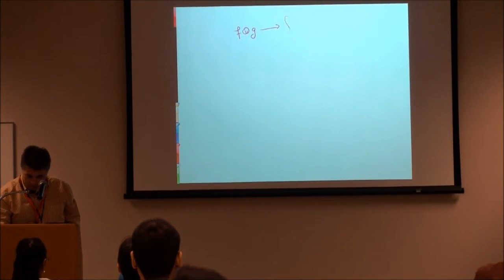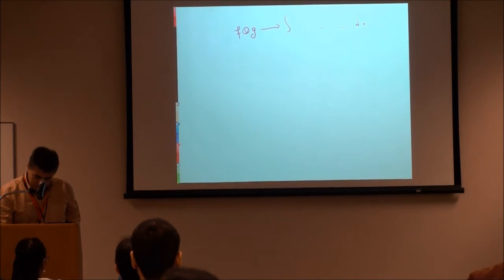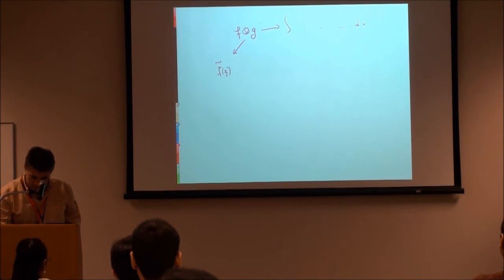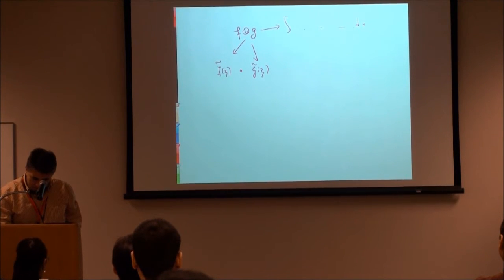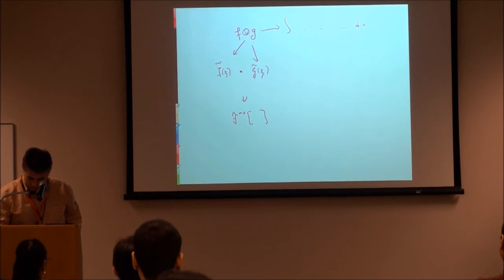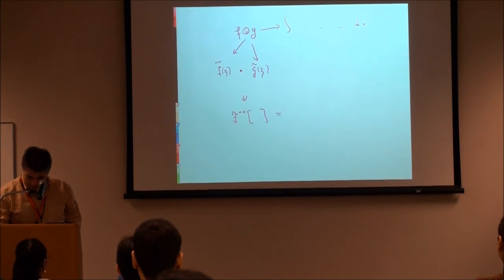One way is to do the integral. I don't like it. Another way is to do the Fourier transform f tilde of psi, the Fourier transform of g, g tilde of psi, and multiply. And then take the inverse Fourier transform of that. That gives you f convolved with g.